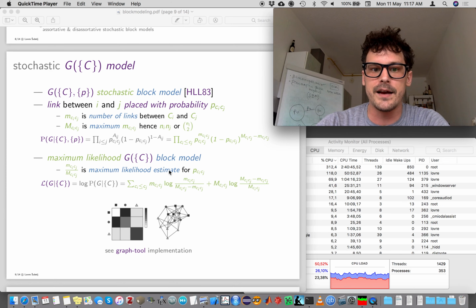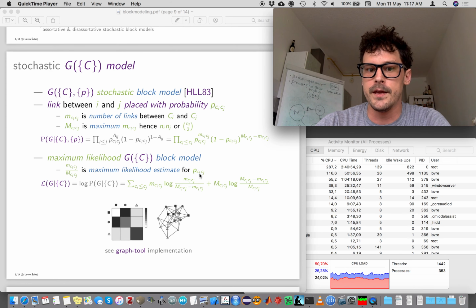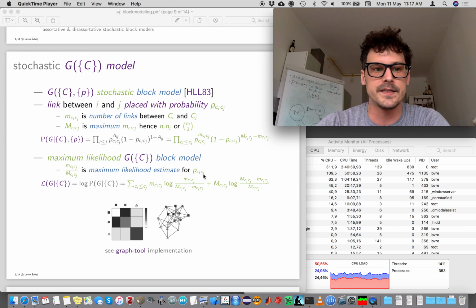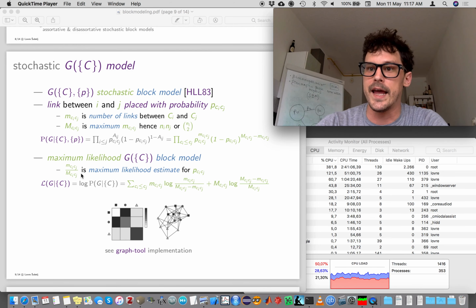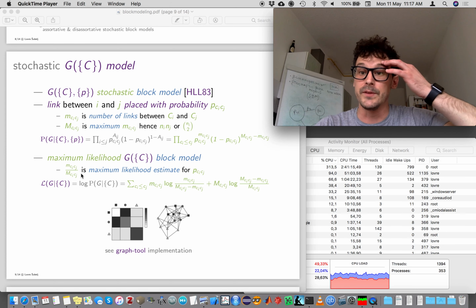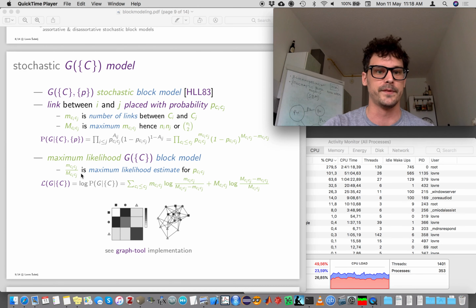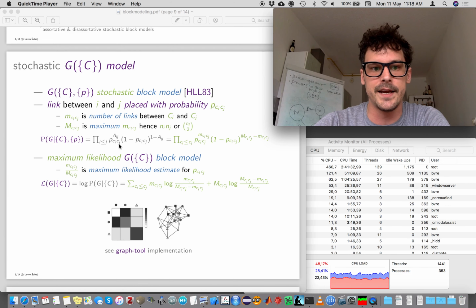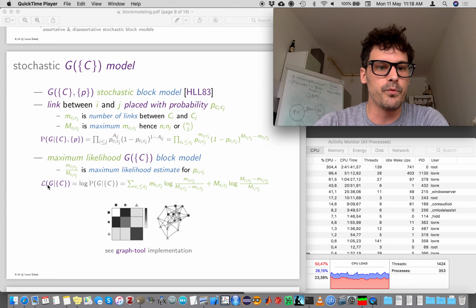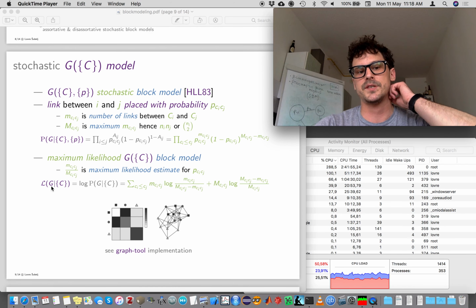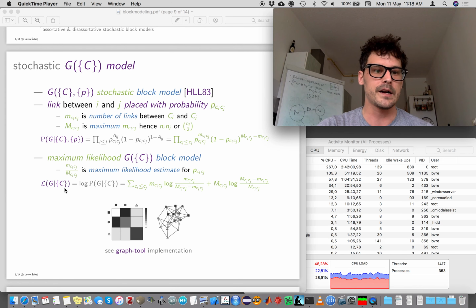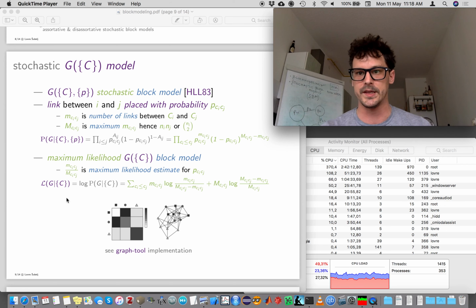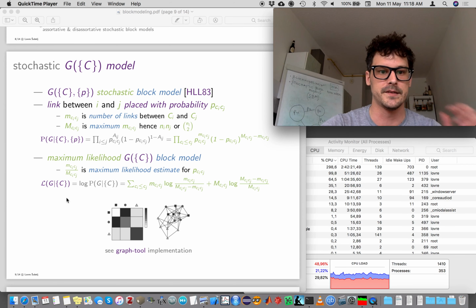So the maximum likelihood estimate for P between the groups C sub i and C sub j is simply the density between those groups, or within that group if it is the same. So we can plug these P's into our formula, and we get the probability that we will observe G given our clusters. Notice that this is not conditioned on P because we take the maximum likelihood estimates.